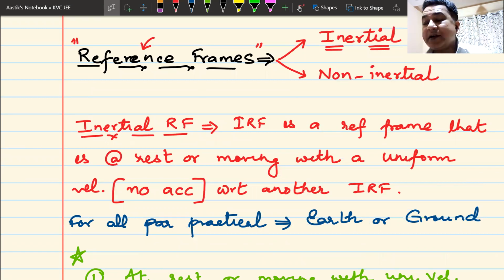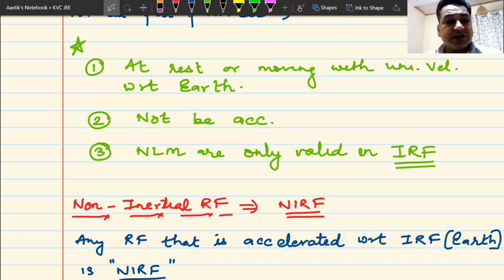We have seen that for all practical purposes, Earth can be treated as an inertial reference frame. Ground or Earth, anything which is moving with a uniform velocity or at rest will be treated as an inertial reference frame. Newton's laws of motion are only valid in an inertial reference frame in their original form.